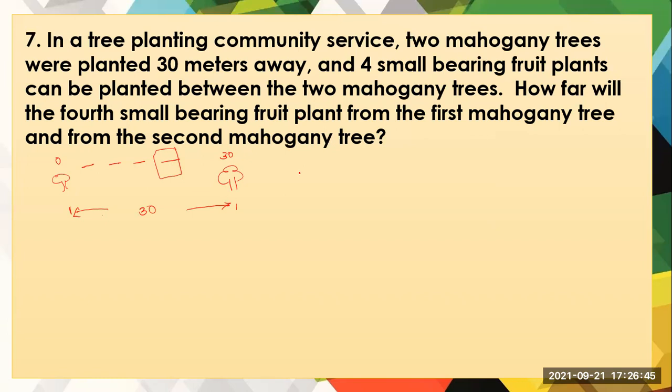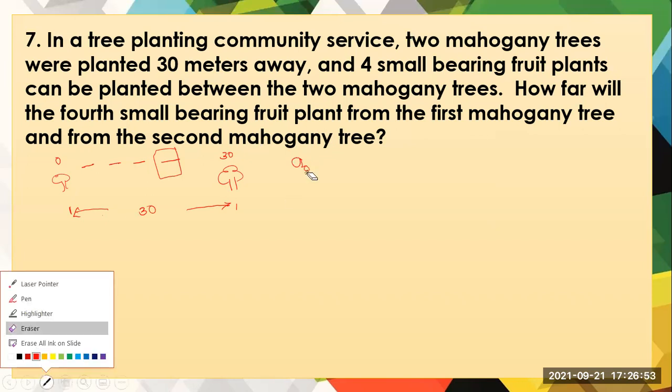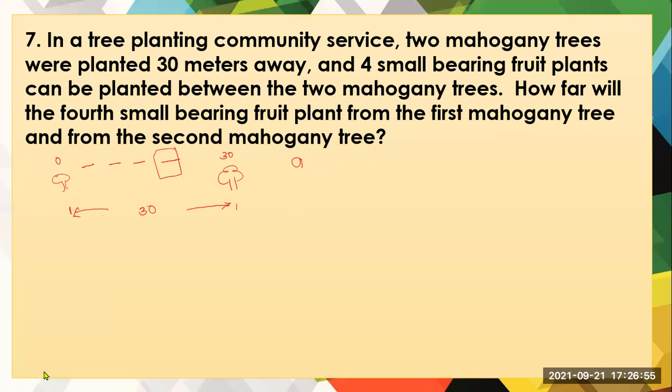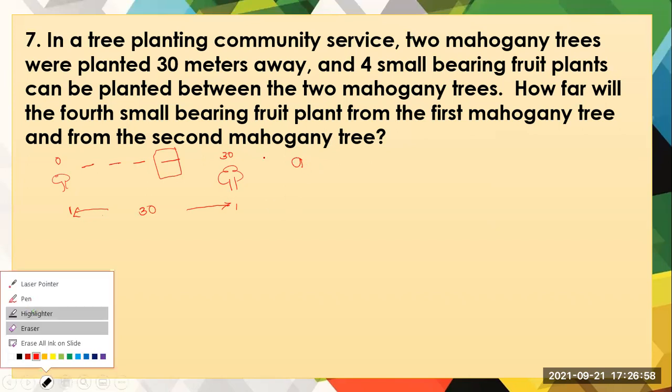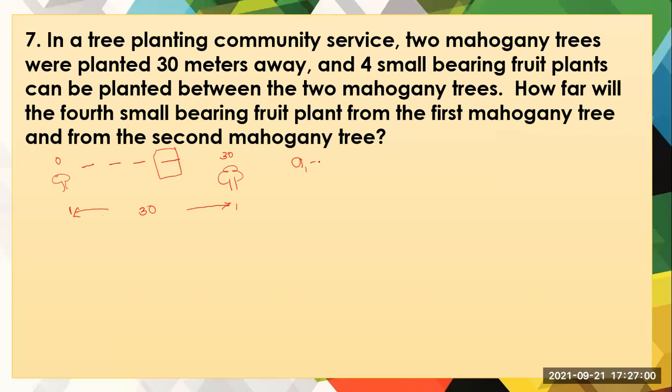Assume that your a sub 1 is 0, and your a sub 6, because you have 1, 2, 3, 4, 5, 6, is 30.